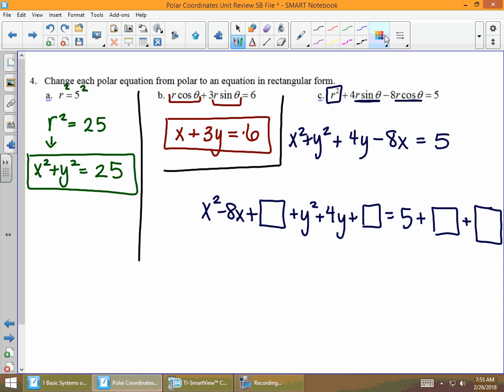Our rule for what we put in each box is b divided by 2 squared. So for this first box, my b is -8. So -8 divided by 2 is -4. What goes in the box is -4 squared. And whatever I do to one side of the equation, I have to do to the other.